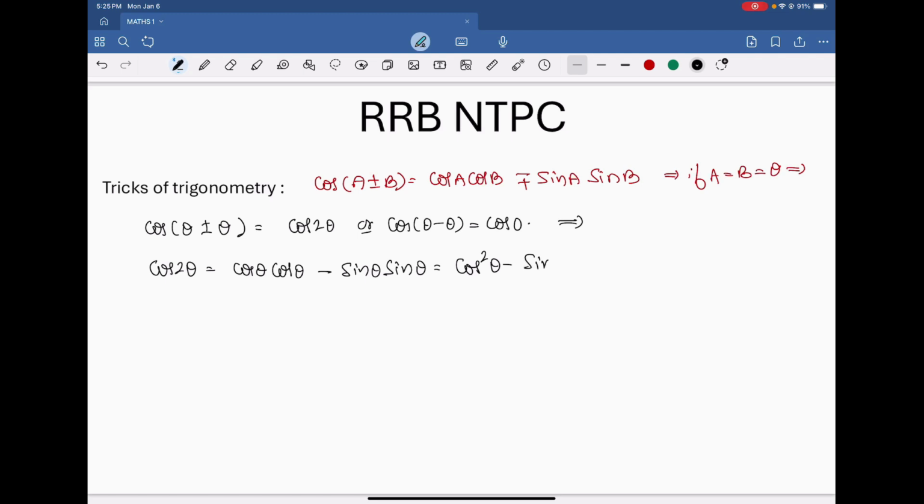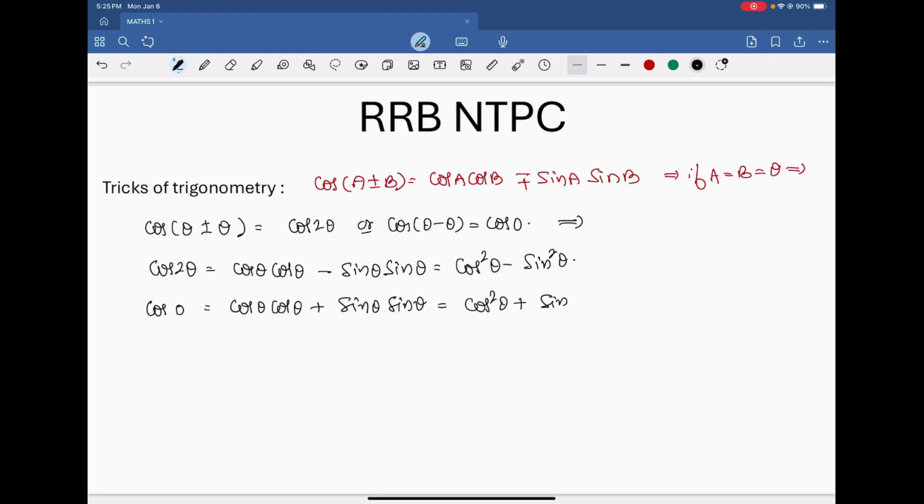and cos 0 is equal to cos theta into cos theta plus, you remember the sign plus, sin theta into sin theta, that is equal to cos square theta plus sin square theta, that is equal to 1.